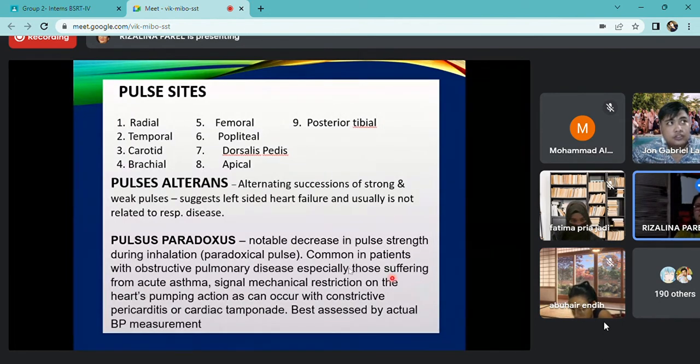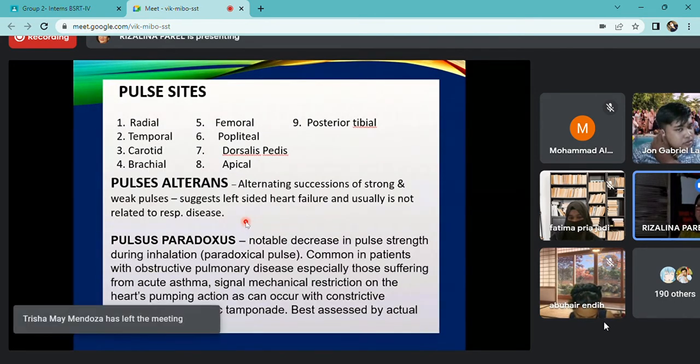And dapat alam natin yung difference itong pulsus alterans and pulsus paradoxus. Okay? Lagi yung lumalabas sa board exam. Ang nakalagay doon is anong cases or condition ng patient na merong pulsus alterans.